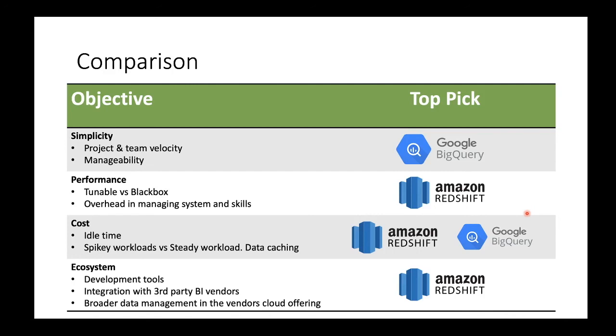So from the breadth of data management within the respective clouds, what AWS is offering, in my opinion, is better than Google's BigQuery. Of course, all of these points are at this point in time, and in the future both companies continue to innovate and expand their offerings.